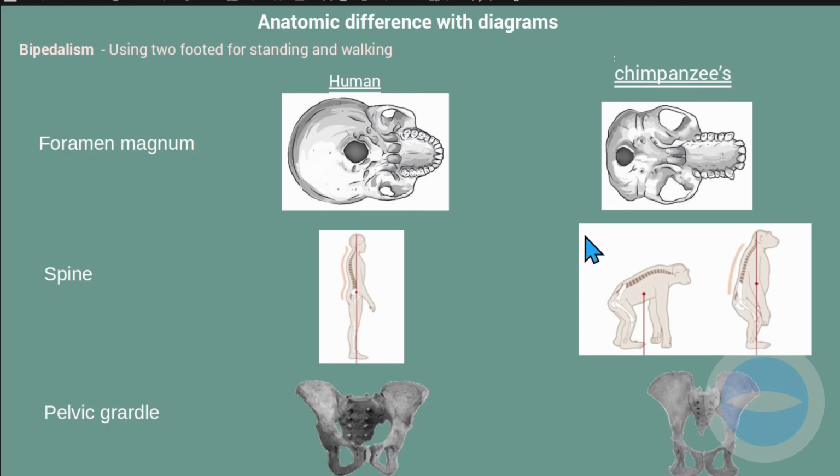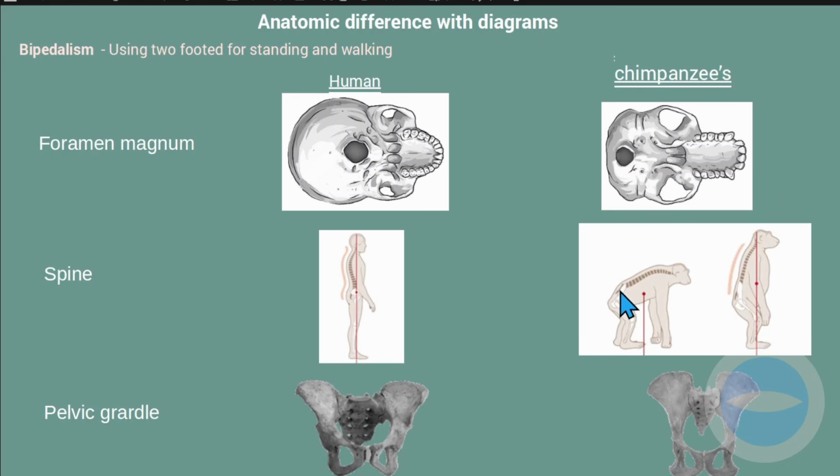So you must be able to explain what I've just said. Sometimes they will show you these two pictures and then say name the organism. So you must know how they differ. In this one, the hole is at the middle, and with the African apes, the hole moves to the back, and the spine is S-shaped.